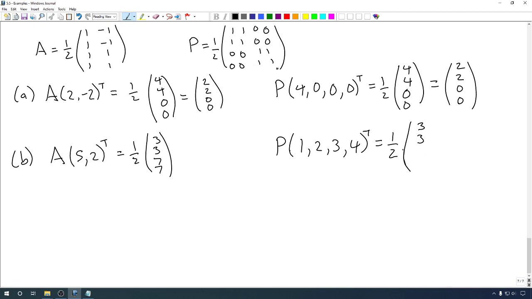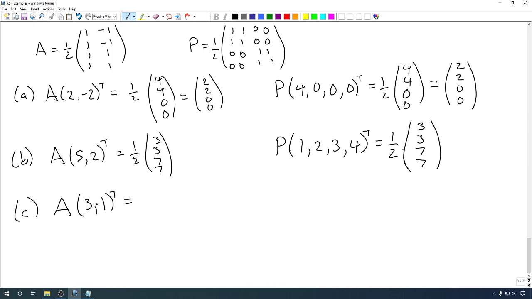For the third one, we have 0, 0, 3 plus 4. 3 plus 4 is 7. We get 7 for that one as well. So, again, we got the same result as we did over here. I think you might see the pattern by now. We should expect the same thing to happen for C, and we just want to calculate it out.